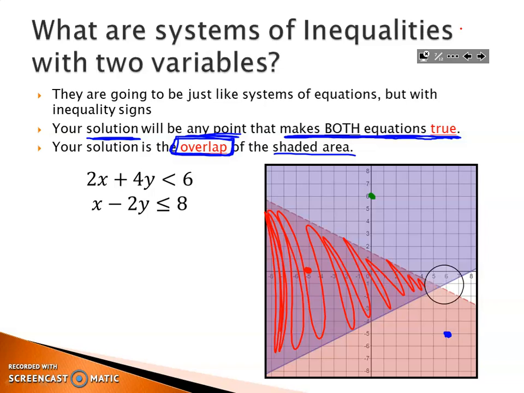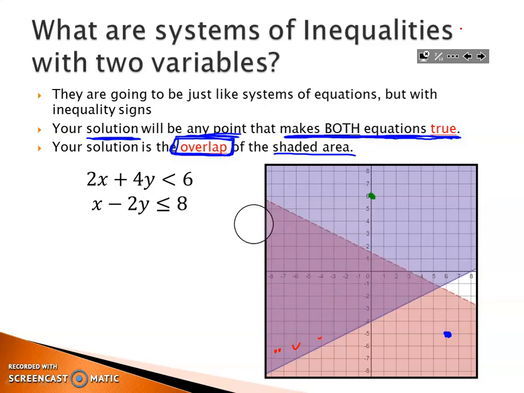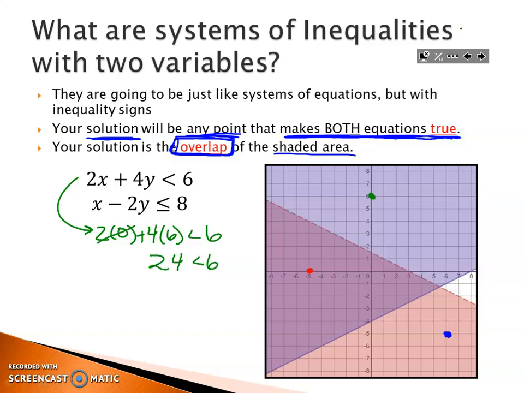Okay? Now, you guys can see that algebraically by plugging in these points like we were doing before. So the green point is at 0, 6. Let's say I plug it into this one here. 2 times 0 plus 4 times 6 less than 6. That's going to give me 24 less than 6. False. That's not true.